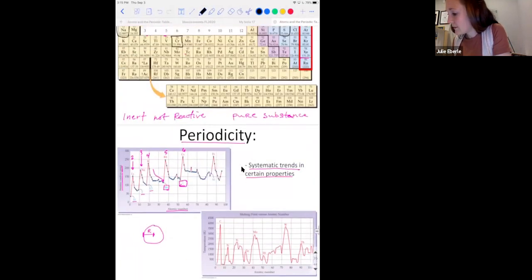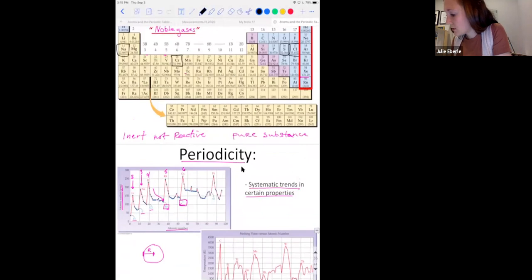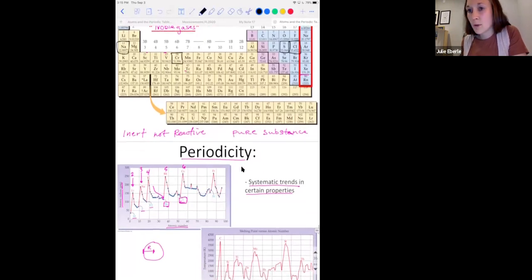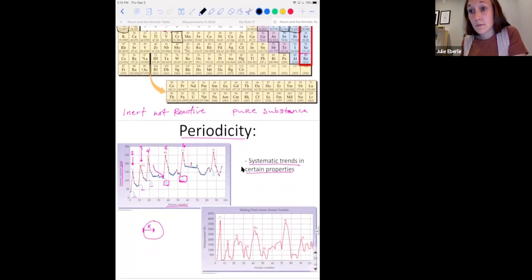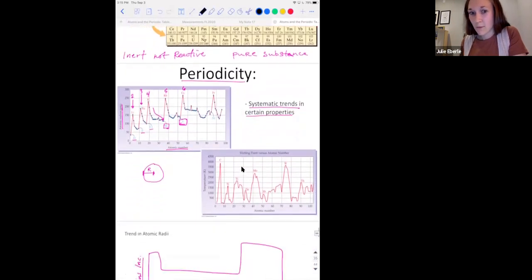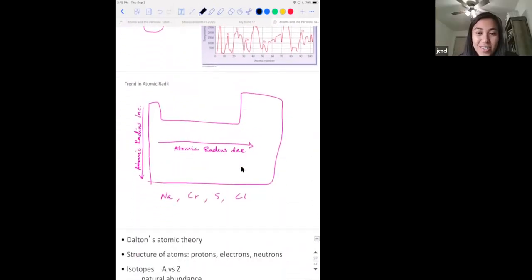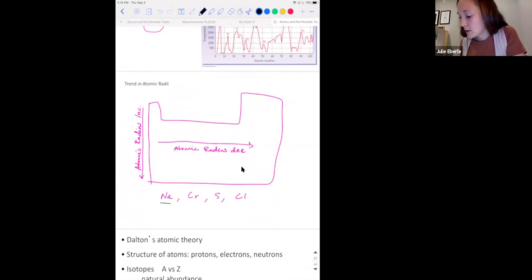And chlorine, right next door. If you had to put these in order, as you go from left to right, you should be able to do that. So which one would be the largest? I'm hearing someone try to say it. Sodium? Yeah, sodium would be the largest.